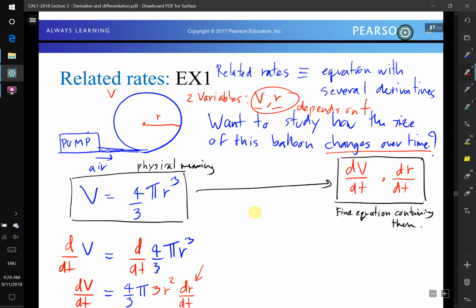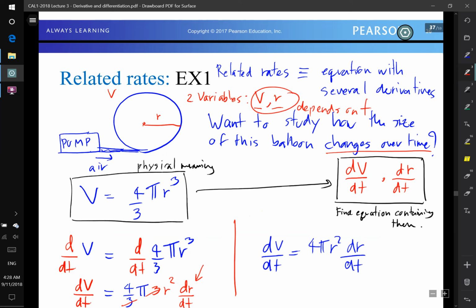With this, we can clean up a little bit to make it look nicer. The 3 cancels. So in the end, we have dV by dt equal to 4 pi r squared, and we have dr by dt right here.